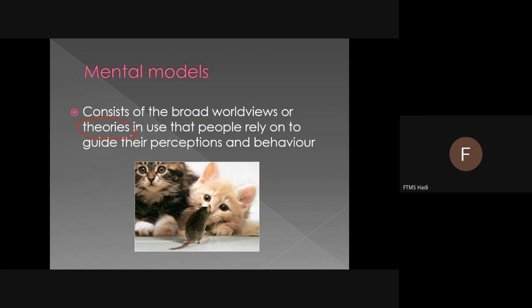Let's say you are Muslim, and you see a Muslim guy eating in front of the public during Ramadan. There is a theory already that you are not allowed to eat during the day in Ramadan. So the perception is, oh, he's not fasting. Definitely he's not fasting, because it is Ramadan. You have a law already, you have set it in your mind.